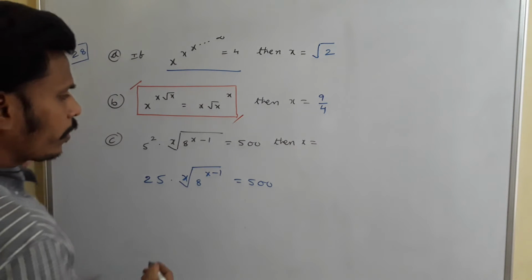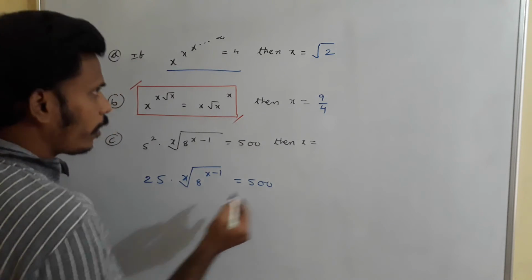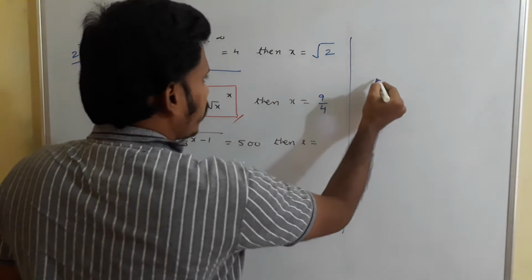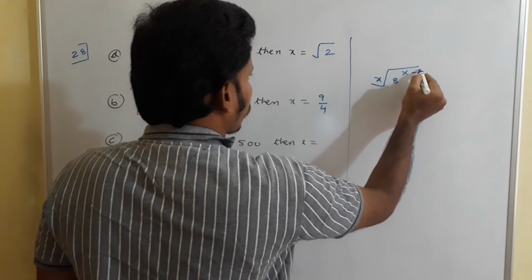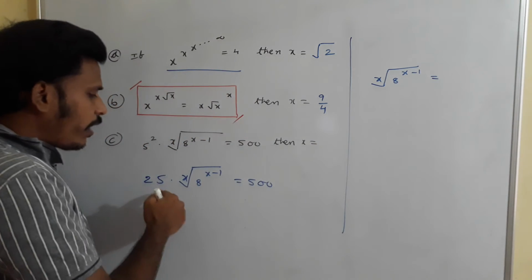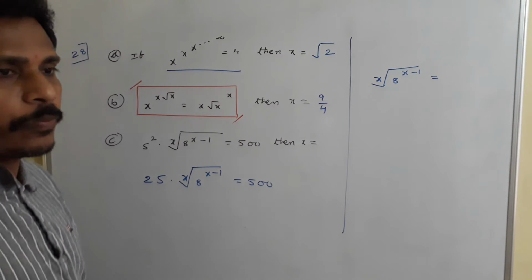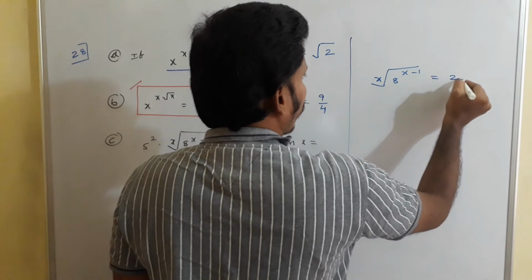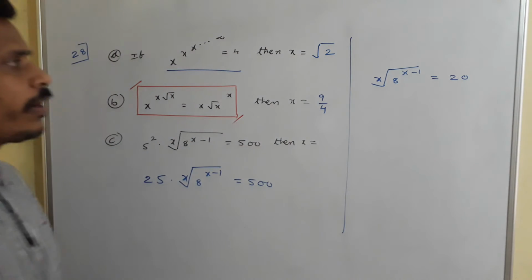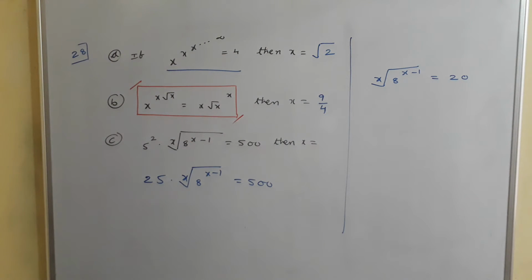The next step is x-th root of 8 power x minus 1 is equal to 500 divided by 25. 25 fours is 100 and 4 fives is 20. So x-th root of 8 power x minus 1 is equal to 20.